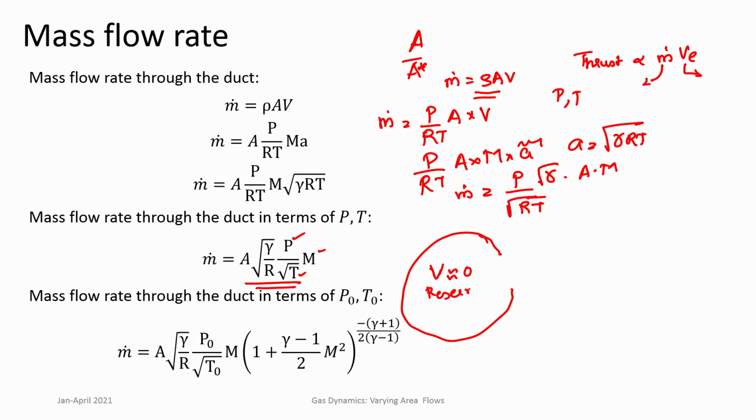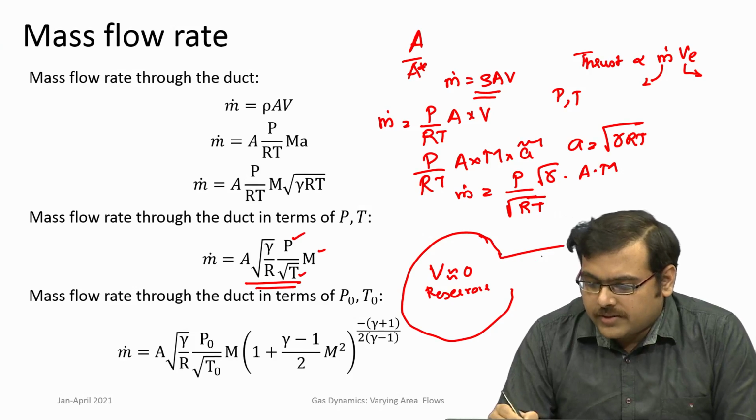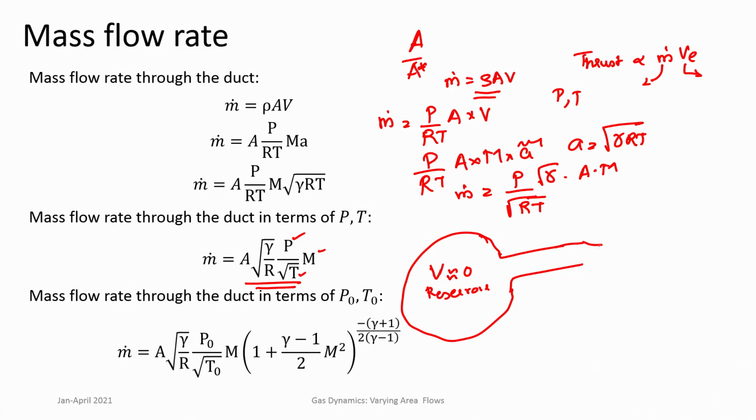You can look at various such applications where you can have a huge tank, and then the flow takes place from the tank and then goes to a set of pipes and some varying area ducts. Then the velocity in the huge tank will generally be very small. Then if pressure and temperature of the tank are known, then the pressure and temperature at such low speeds will be almost equal to the stagnation quantities P0 and T0.